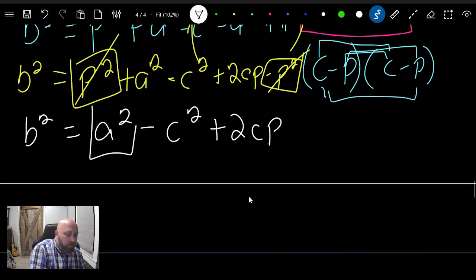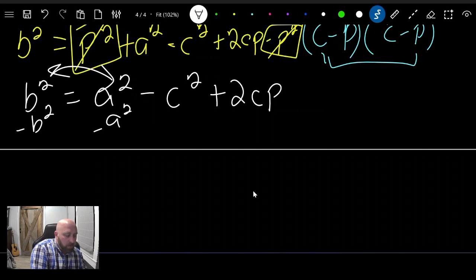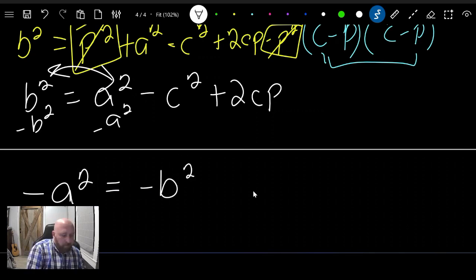But we want to solve for A squared, so we have to subtract B squared from both sides, and we have to subtract A squared from both sides. So that's basically going to switch those two things. So we're going to get negative A squared equals negative B squared minus C squared plus 2CP.